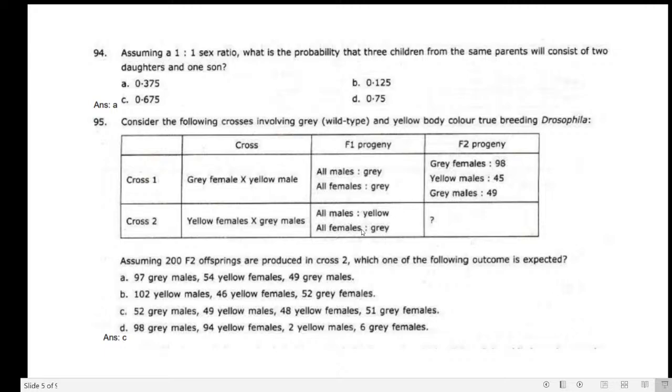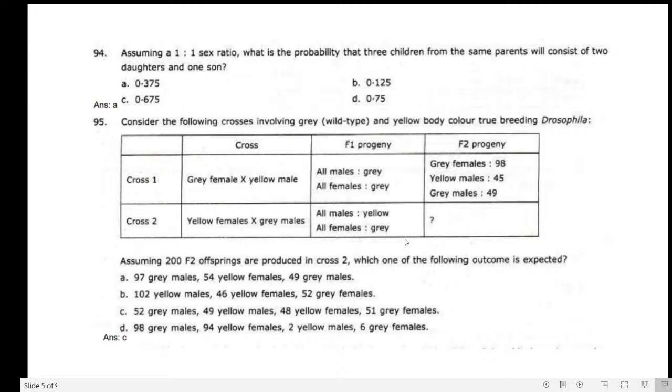But here they mention all males are yellow and all females are gray. We want to understand. So in the next generation, gray females and males are also there. One thing we first want to confirm: both male and females are gray, but that is not accepted here. The males are yellow, the females are gray.